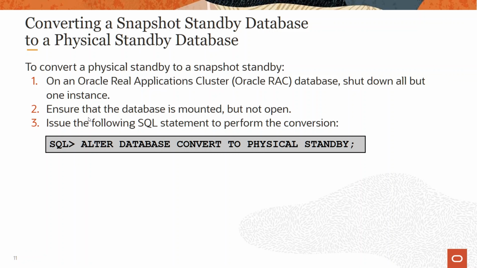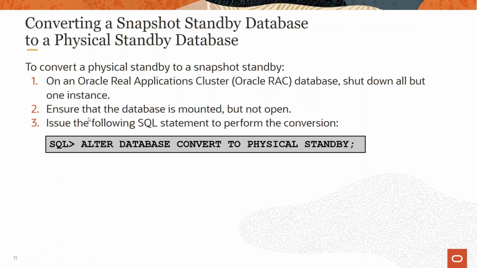So this diagram is giving you good information. When you convert a physical standby database to a snapshot standby database, you will see a few observations. Number one, the MRP process will be stopped, which is the redo apply service, because we're going to make changes to the snapshot standby database. Thus, the redo apply service cannot apply changes from the primary database.